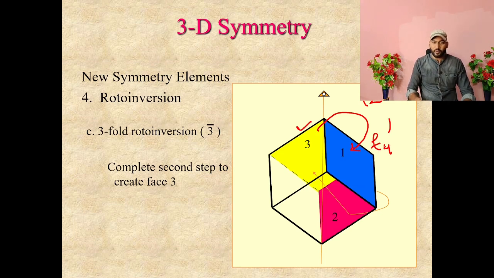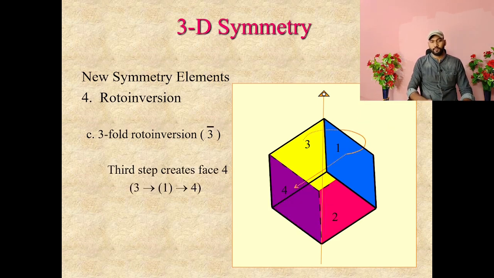Then we have to invert it through the center, so it will reach this place. This will become our fourth phase, this violet one.